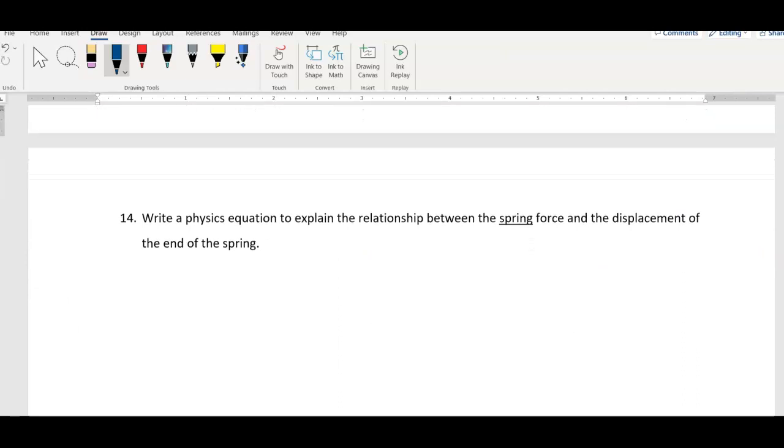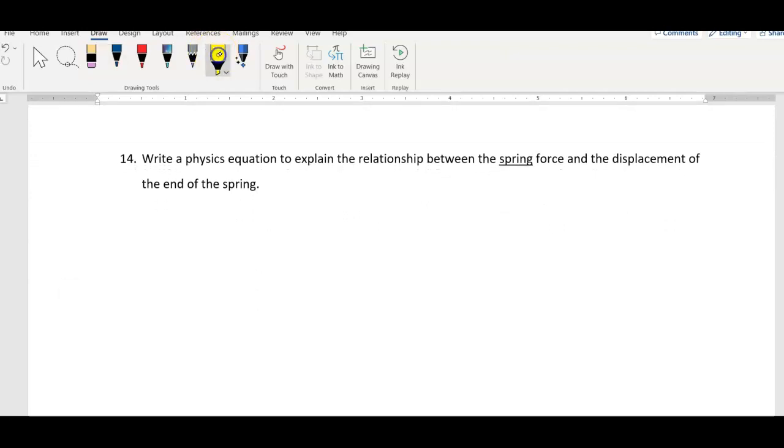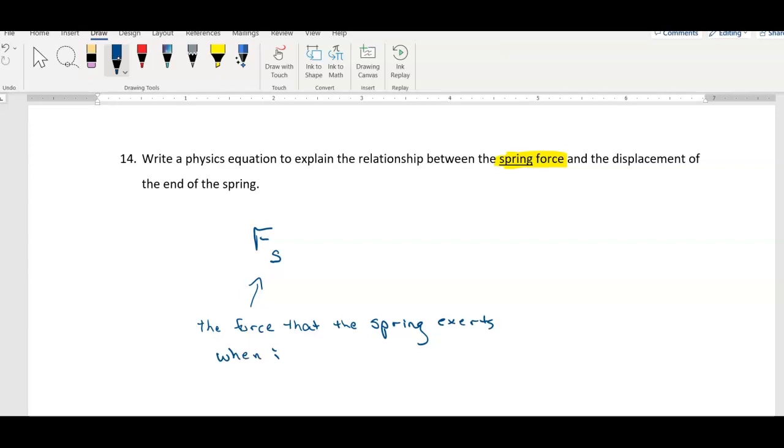So then it says, write a physics equation to explain the relationship between the spring force. This is not the applied force, but the spring force. Well, so the spring force, this is the force that the spring exerts when it is stretched or compressed.